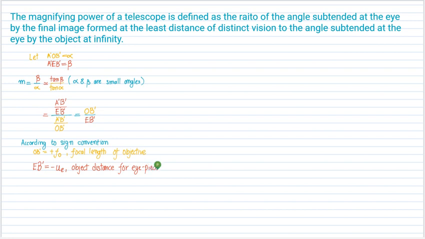Now let us substitute these values here. Then I can write my magnification m equals the focal length f O divided by minus U E. I can also send this negative sign to the numerator.